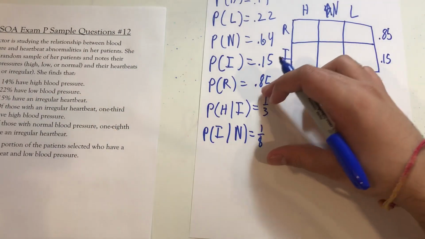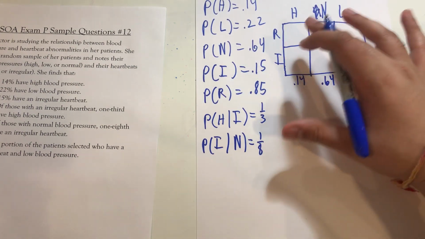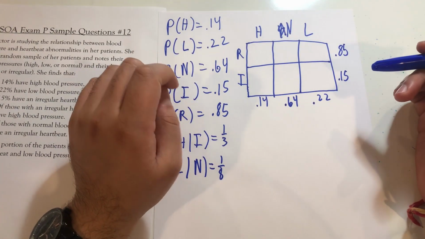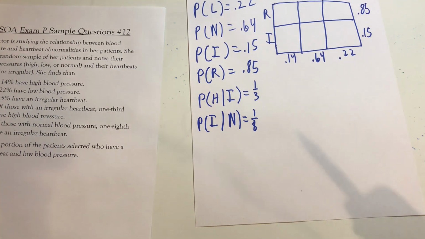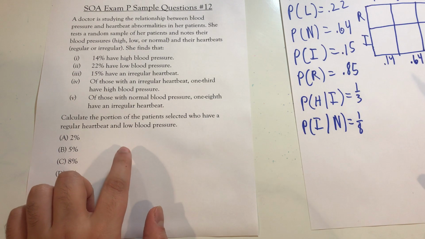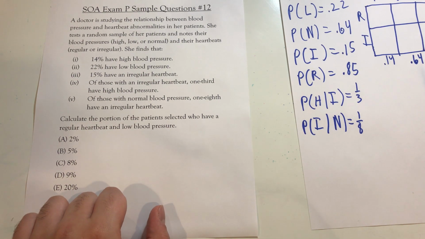And then we have these two pieces of information here, okay? Those don't necessarily go in our chart because these are the intersection of the row and the column, while these are conditional probabilities. So let's first see what the question's asking us before we go on any further. We need to calculate the portion of the patients selected who have a regular heartbeat and low blood pressure, right?